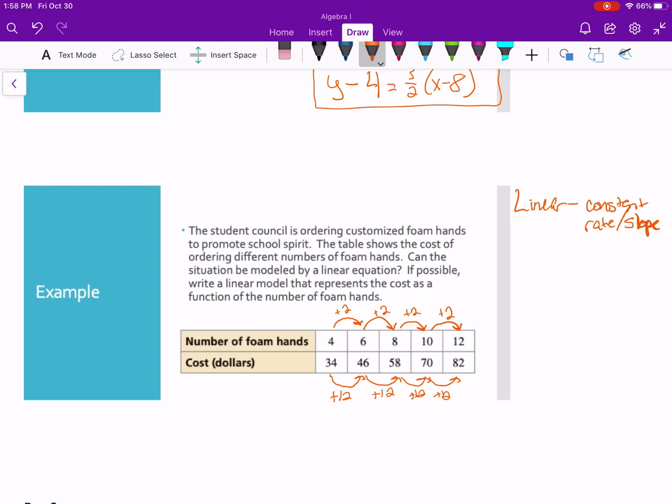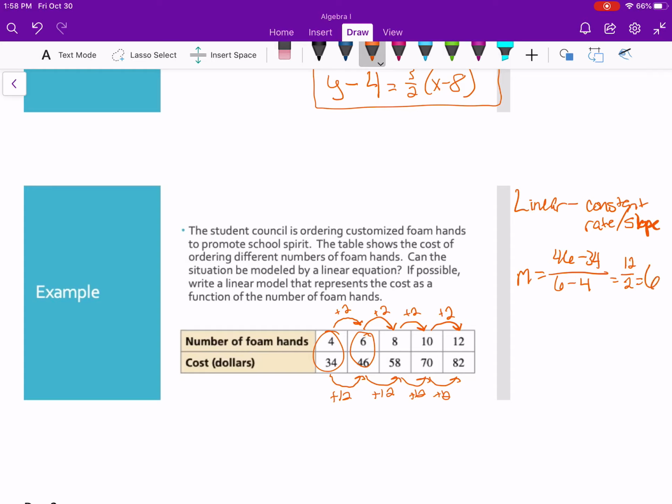Now all we need to do is find the equation. So first thing, I'm going to find the slope. So m equals... I'm going to pick these first 2 points just because I want to. You can pick any 2 points, it doesn't matter. So 46 minus 34 over 6 minus 4, which is 12 over 2, which is just 6.